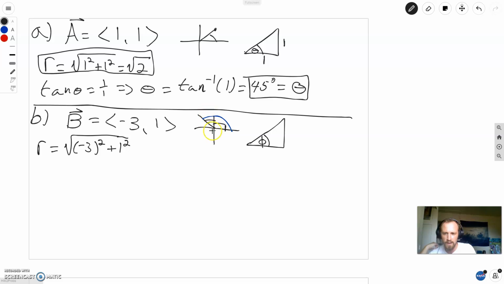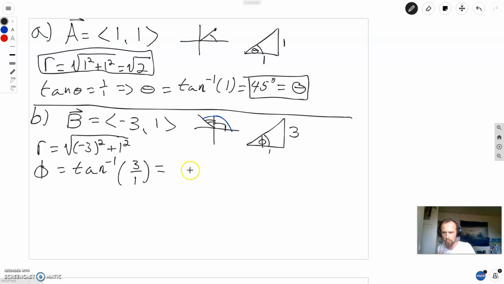And opposite of phi is the x length, right? This is of length 3 right here. So I'm going to put a 3 right here. Adjacent to this angle is my y length. So I'm going to have a 1 right here. So then I can write that phi equals the tangent inverse of the opposite over the adjacent, which is 3.